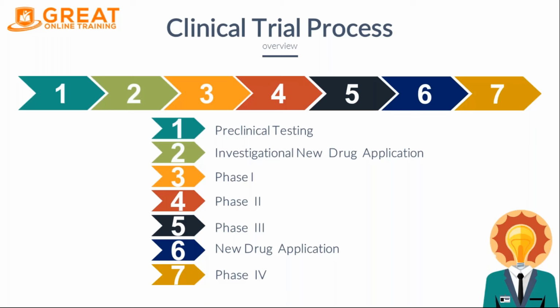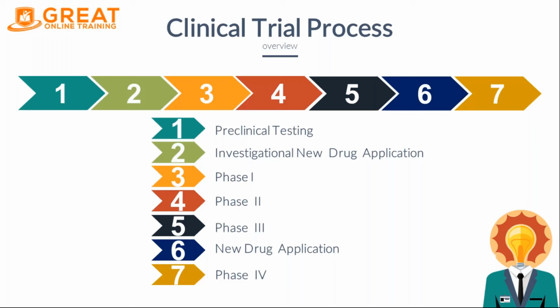Now we'll discuss the investigational new drug application. It's nothing but a petition through which a drug sponsor requests the FDA to allow human testing of a new drug. Once the IND is filed and approval is granted, the sponsor starts phase 1, phase 2, phase 3, and the next step is the new drug application.